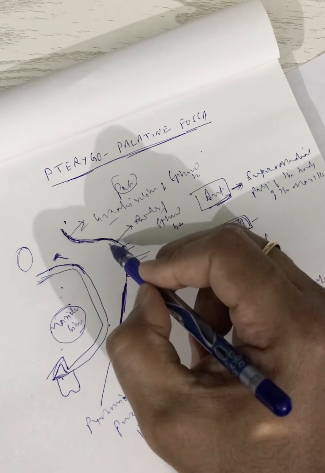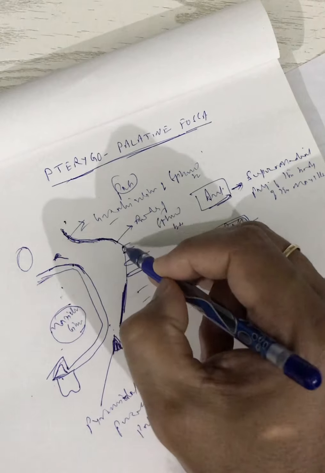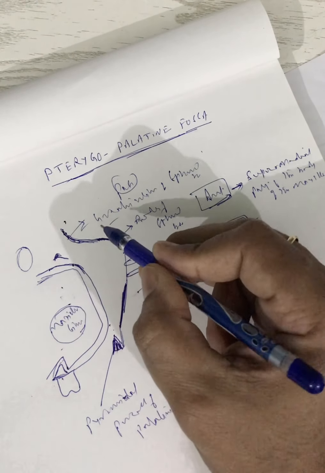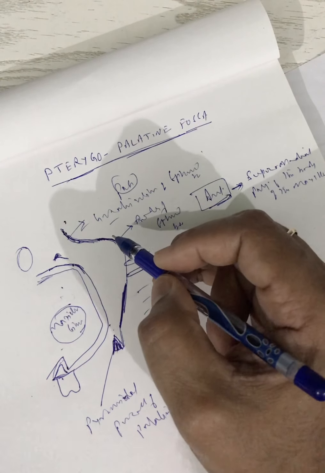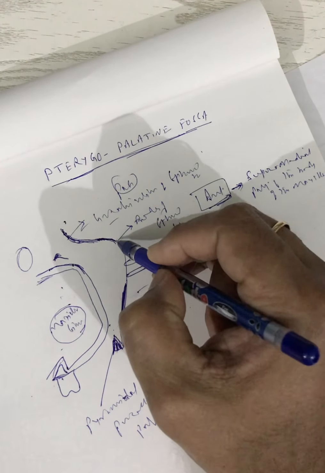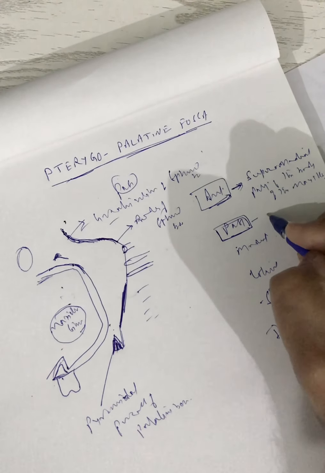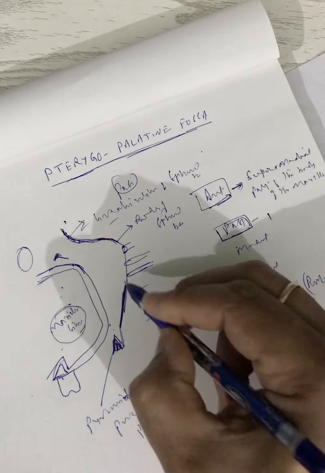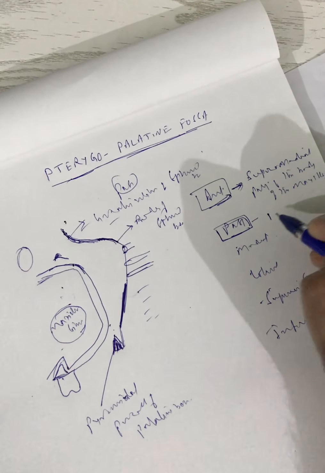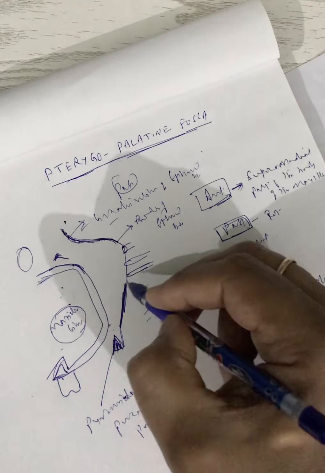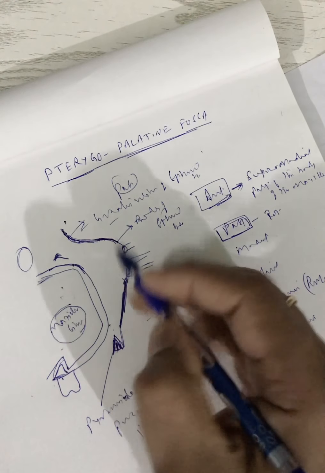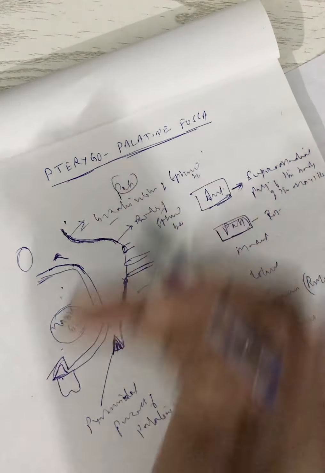These together form the posterior boundary of the pterygopalatine fossa. So the posterior boundary is formed by the pterygoid process. This is the pterygoid process. This is the root of the pterygoid process, from where the lateral pterygoid and medial pterygoid plates come out.